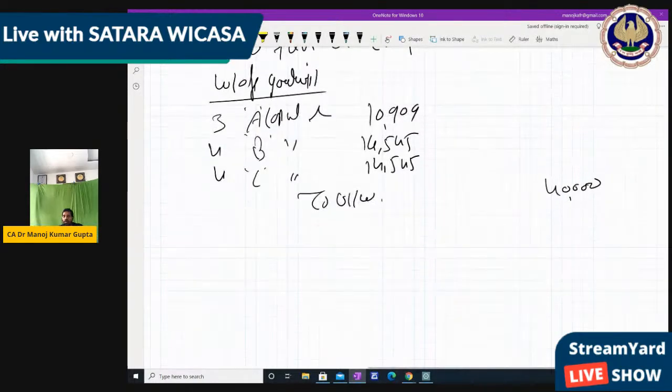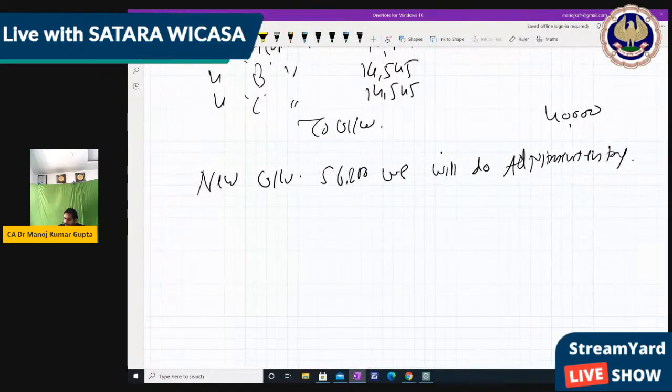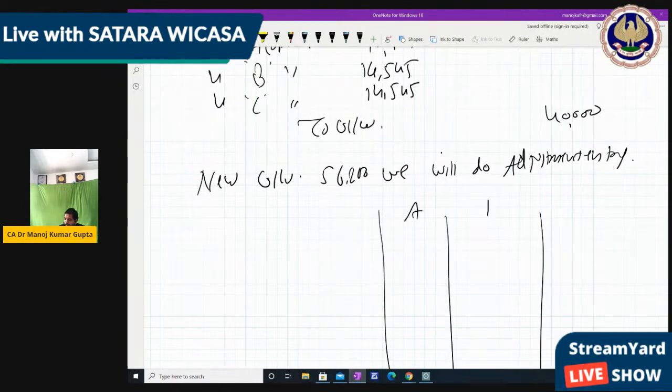Then what do we do for the new goodwill, that is 56,800? We will do an adjustment entry. How to do the adjustment entry? That is goodwill raised and write off, A, B, C. Goodwill raised.